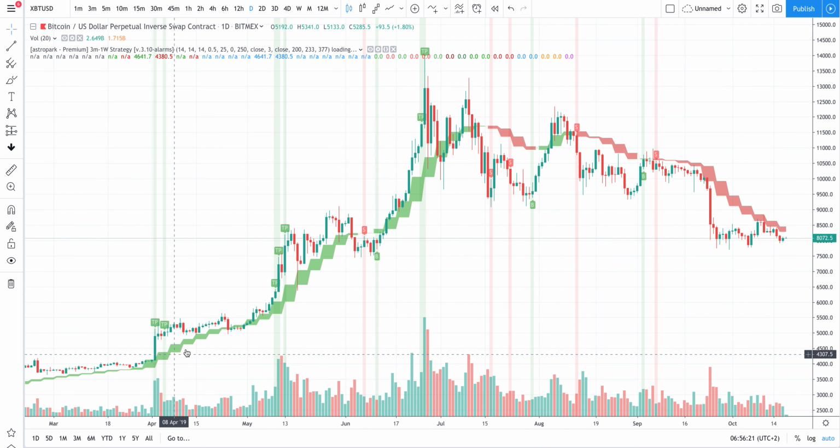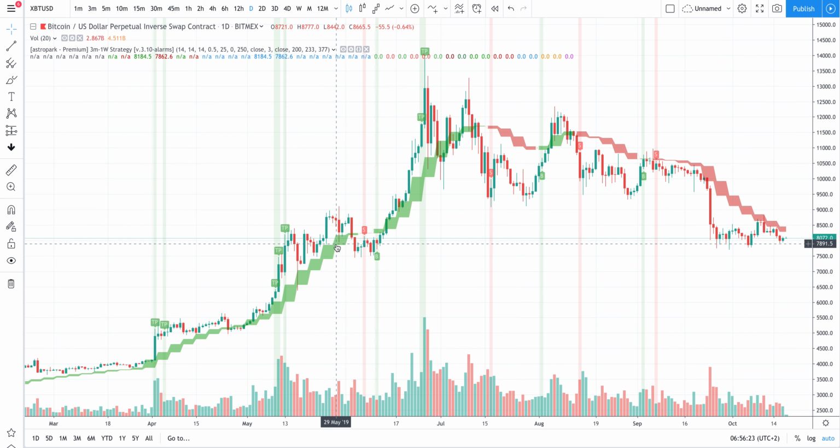When the trend cloud switches colors, from bullish to bearish or vice versa, a signal is triggered. So here it saw a reversal from bullish to bearish and triggered a short signal, a sell signal. After that, it recovered and printed a buy.